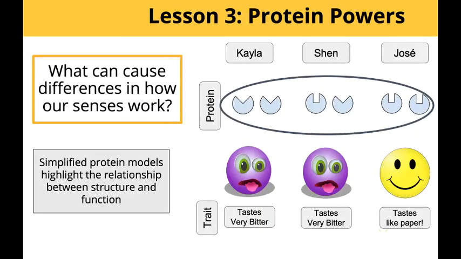In this lesson, students discover that proteins perform many functions in our bodies, allowing us to sense the tastes, sensations, smells, and colors around us. In previous units, students encountered proteins as an important nutrient in a healthy diet, but this is the first time they uncover what proteins do.